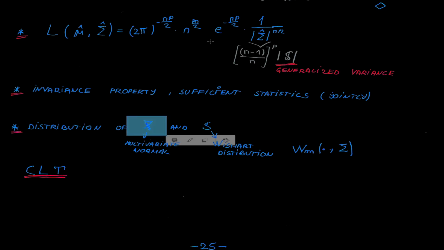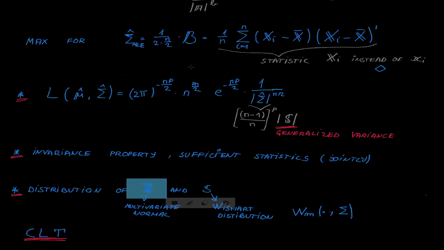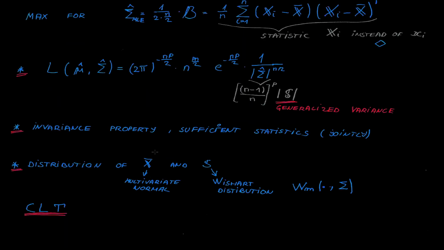Similar to this, because this would be sigma squared divided by n. And for our sampling distribution of S, we have in the univariate case that n minus 1 S squared has a chi-square distribution.